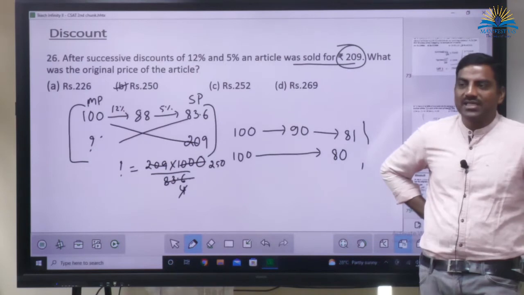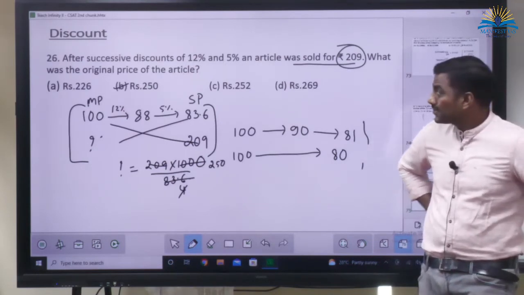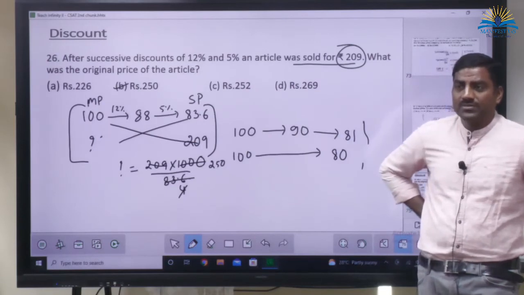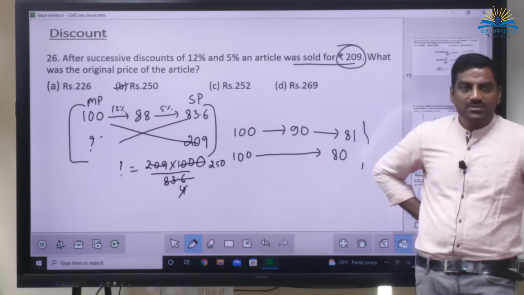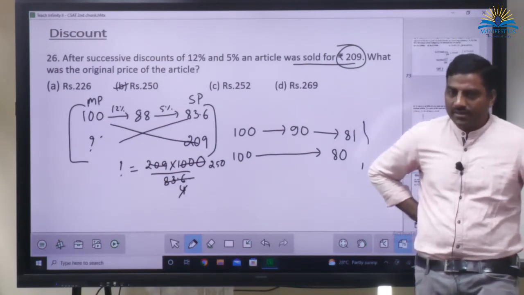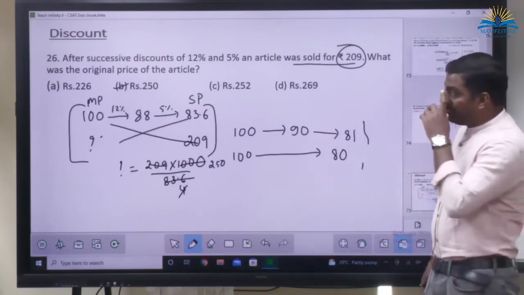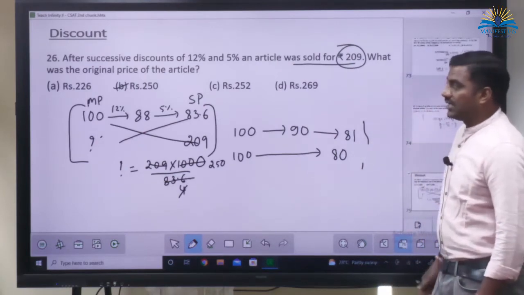So 250 minus 30, 220. On that, give 5%. 220, 5% if you give, 11 rupees. 220 minus 11 would be 209. This is cross verification. Then 250 is the original price of the article.